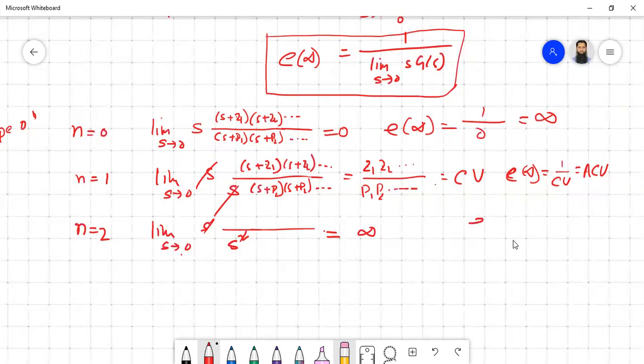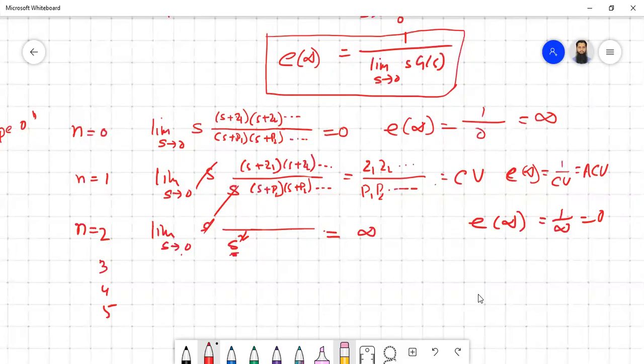So now your steady state error will become 1 by infinite, equal to 0. So it's true for n equal to 3, 4, 5, because the pole at the origin increasing means the denominator will always be a function of s. So if you set the limit s equal to 0, it will always be 1 by 0 equal to infinity. So your steady state error will be 1 by infinity, always 0. So this is for the ramp input.